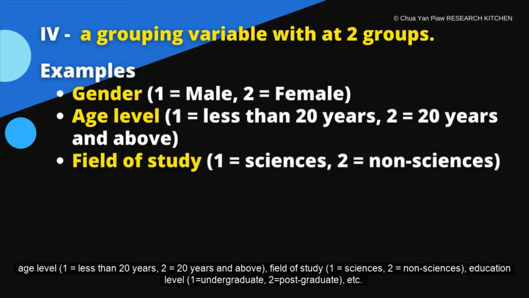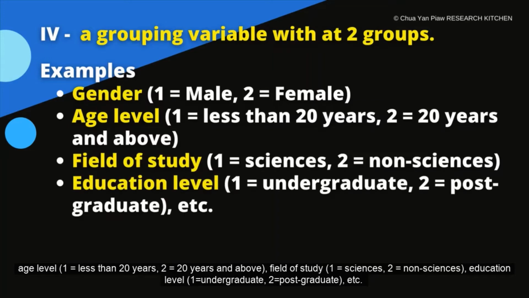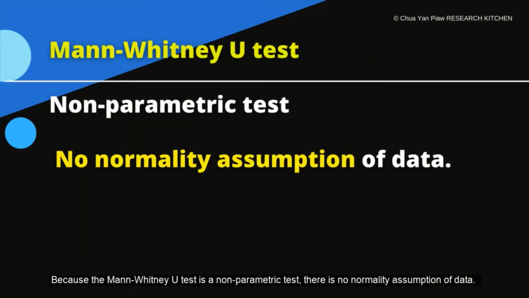Field of study, 1 equal to sciences, 2 equal to non-sciences. And education level, labeled as 1 equal to undergraduates, 2 equal to postgraduates, and etc. Because the Mann-Whitney U test is a non-parametric test, there is no normality assumption of data.